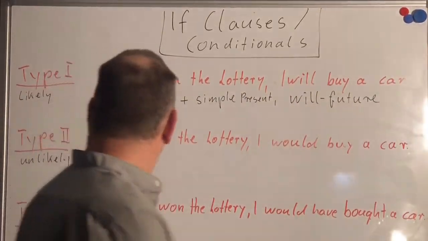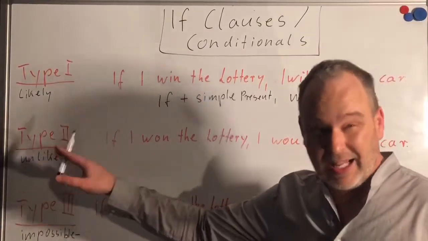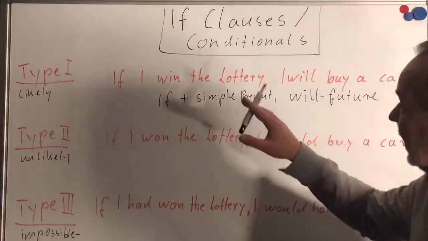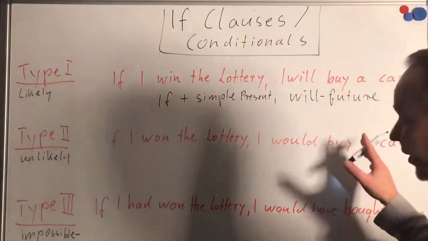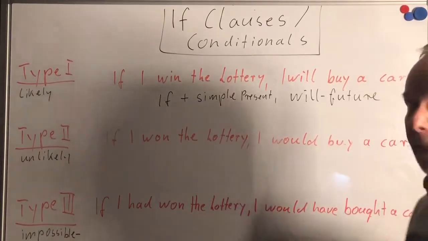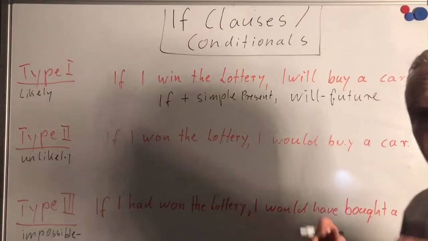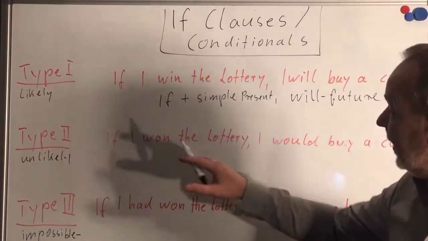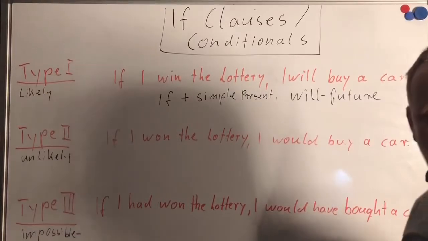Now, in the second conditional, type 2 conditional, it's very unlikely that we are actually fulfilling this first part of the condition. It's a different scenario. It's the same type of sentence, but the idea is different. In this case, if I won the lottery, I would buy a car.